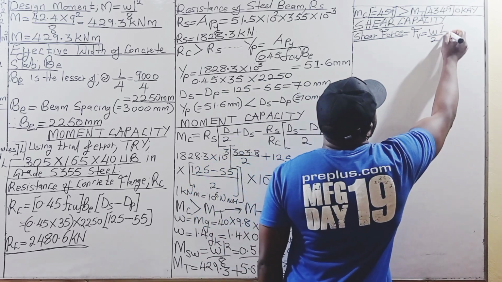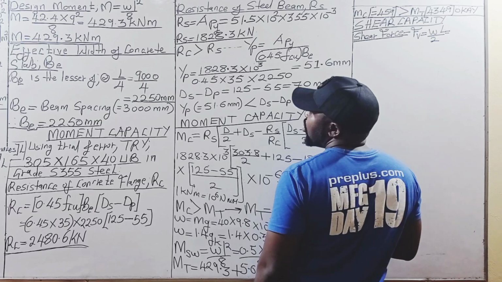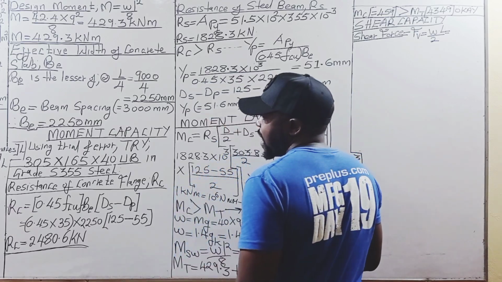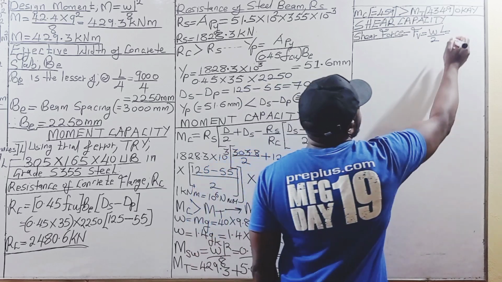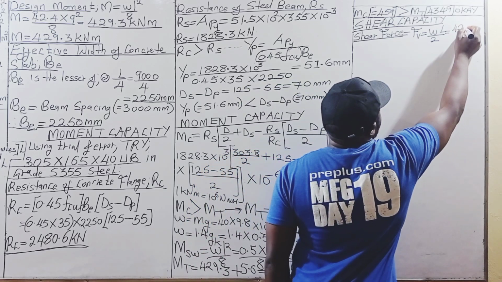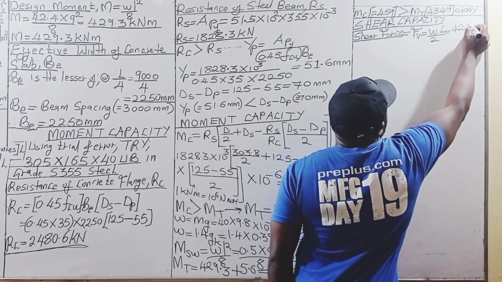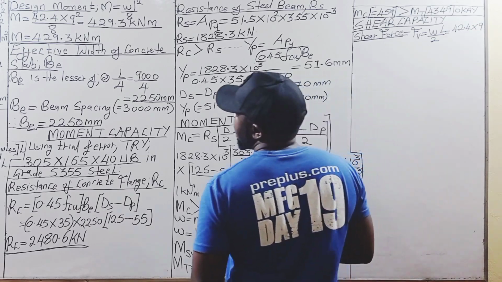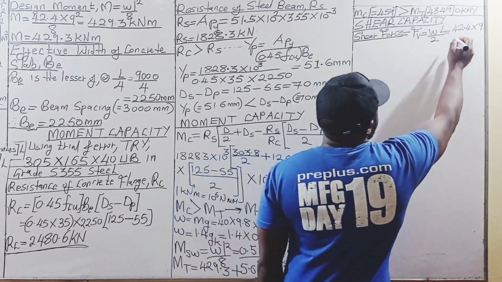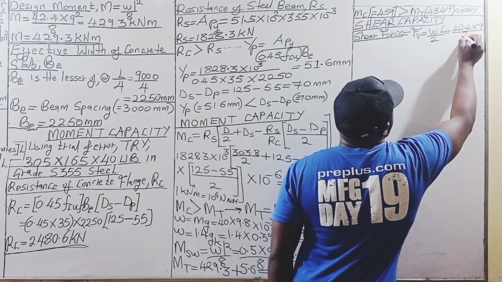And in this case, W is the design load, which we had gotten as 42.4 kilonewton meter. So we have 42.4 multiplied by L, which is 9. That is the beam span. Then we divide this by 2.